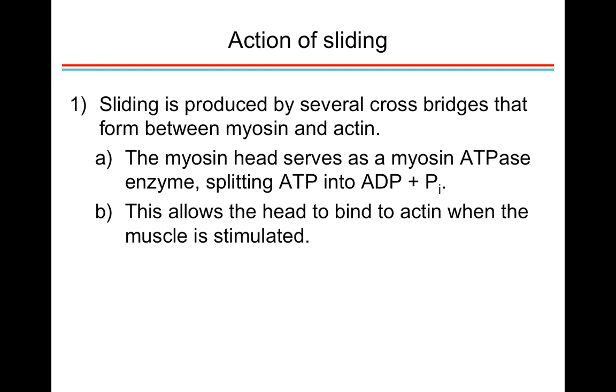So in order for the myosin to grab onto the actin and to induce contraction, again, we need the myosin head to be activated by taking ATP and hydrolyzing it to ADP and phosphate. And remember, both the ADP and phosphate remain attached to the activated myosin head. And this is critical for the myosin head to attach to the actin.